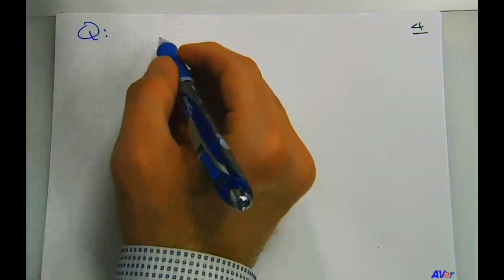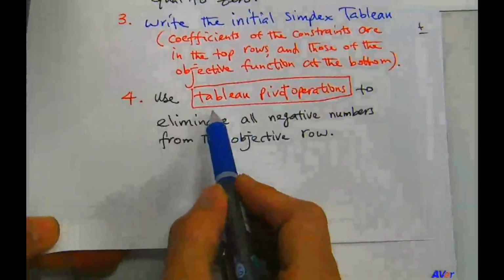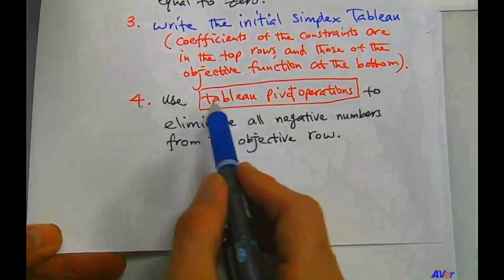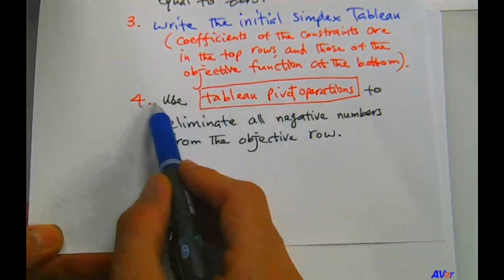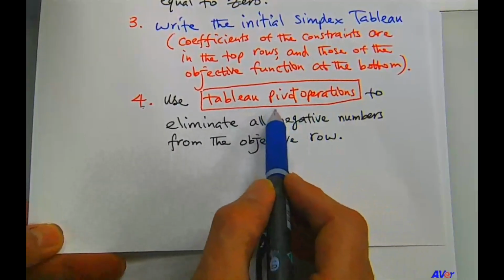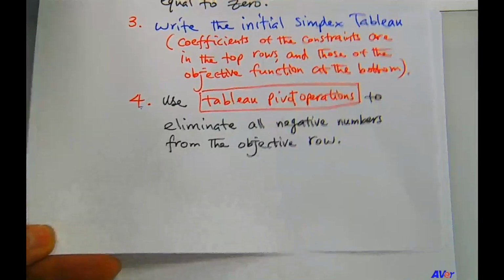So here's another question for us. On the previous slide, I mentioned the number 4 step. The 4th step had tableau pivot operations. Use that, right? So what are these pivot operations? We're going to talk about that now.